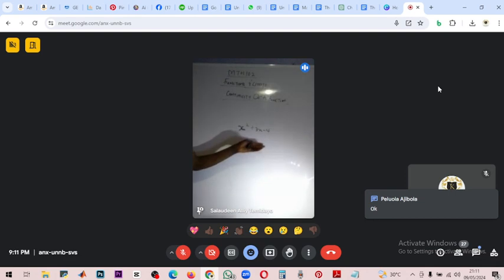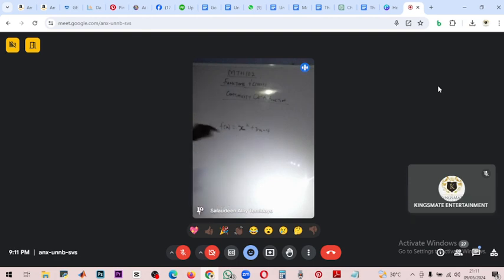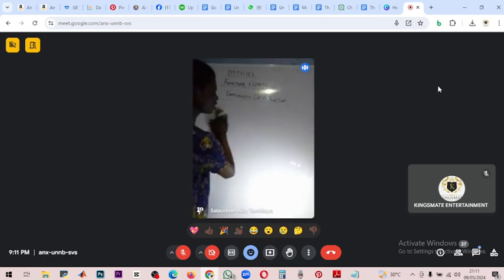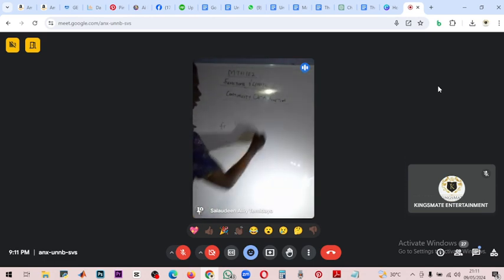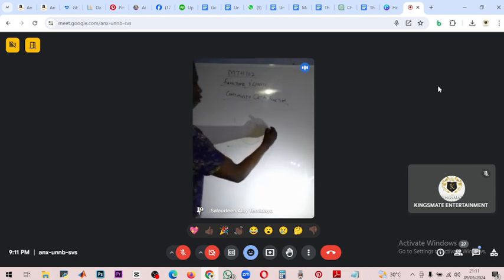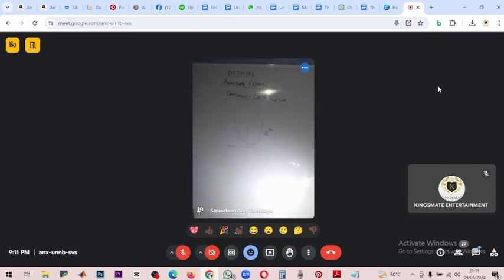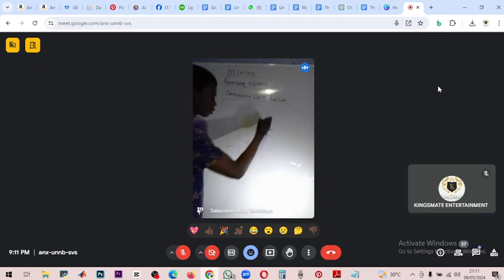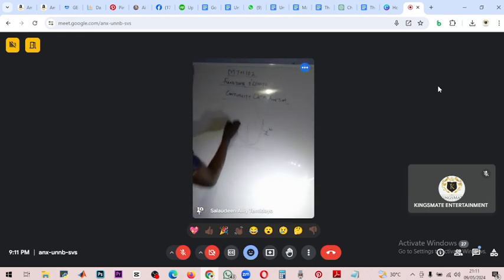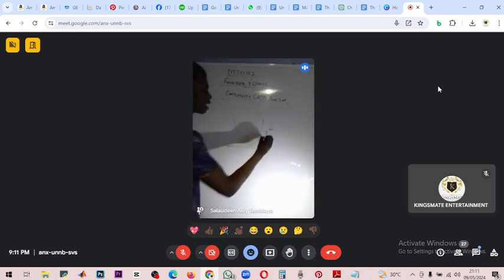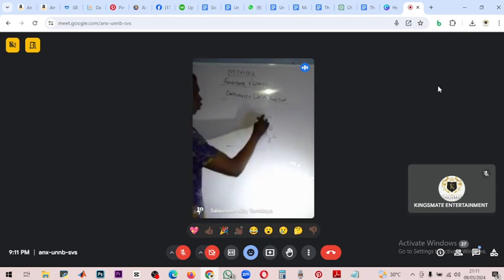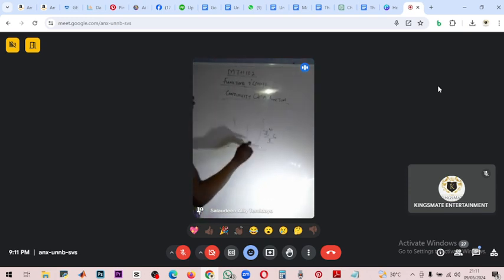This function is an even function, f of x equals this polynomial, because the power of x here is 2. It will have the shape of the x squared graph. If it's x raised to power 4, it's still an even function. The shape is going to be like this, this parabola. If it's x raised to power 6, it's still going to be like this. It is an even function.